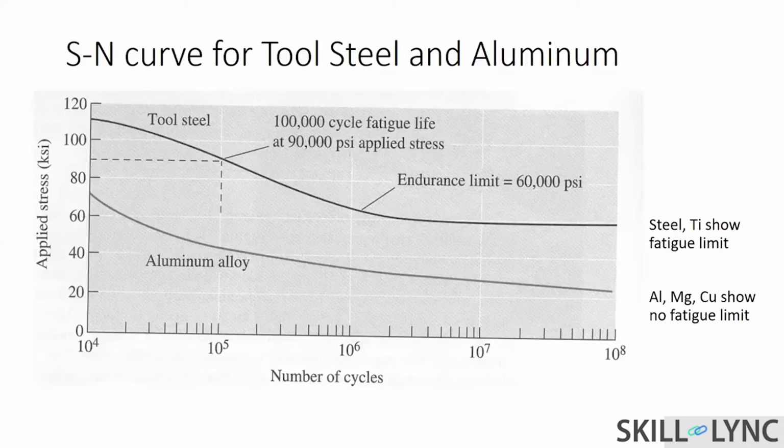This is the load your gear is going to take. So when would the gear fail? The S-N plot is used to determine when it would fail. For a load of 90 ksi, your part is going to fail at 100,000 cycles of fatigue life. So this is the point: 10 to the power 5 is the number of cycles after which your part is going to fail.